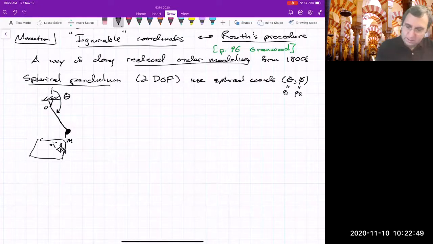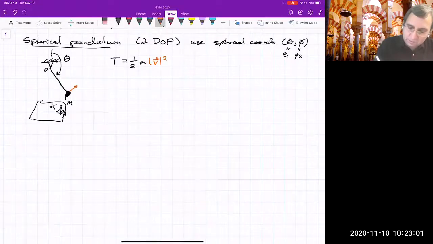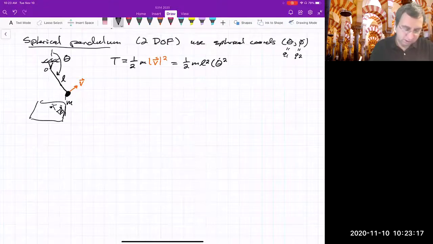So we could write the kinetic energy using spherical coordinates: 1/2 m, the magnitude of the velocity squared for this mass. Let's call the length of this massless rod L. We get 1/2 m L squared, out in front, times theta dot squared plus phi dot squared sine squared theta.